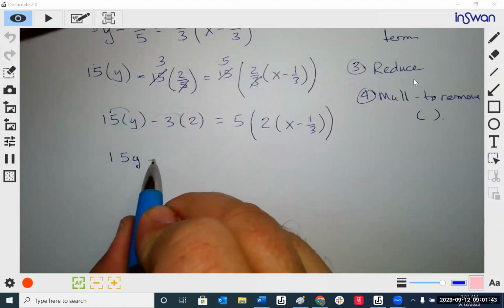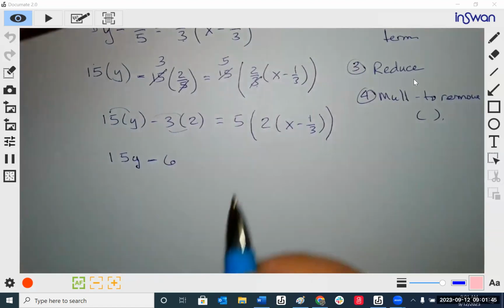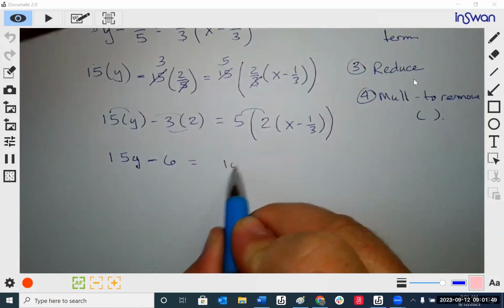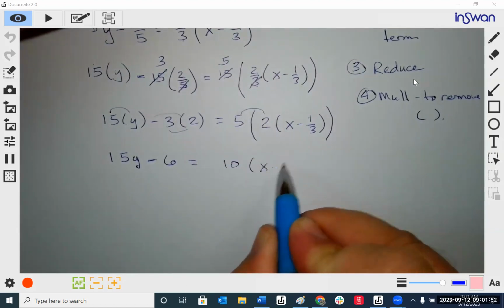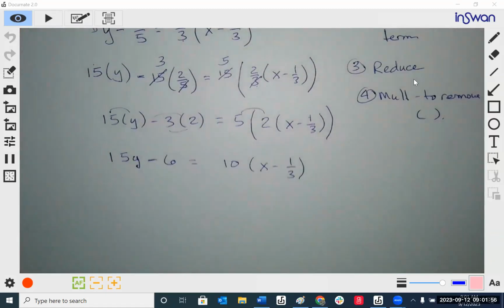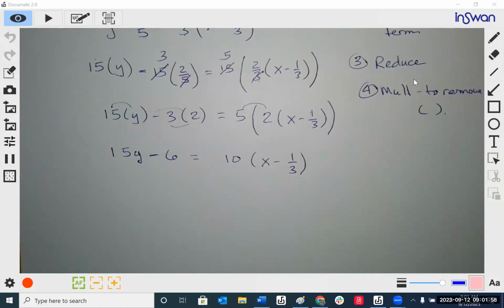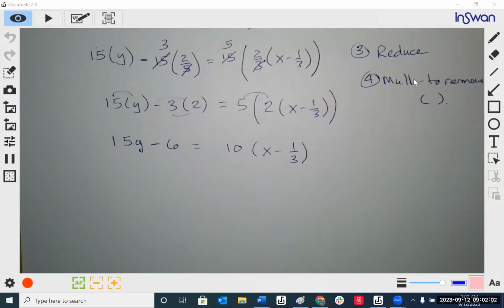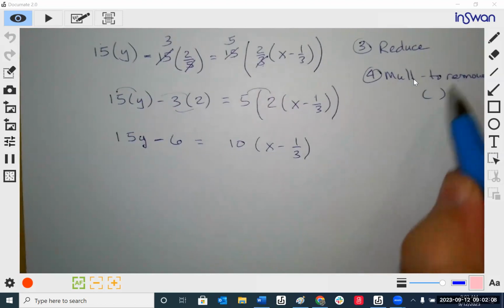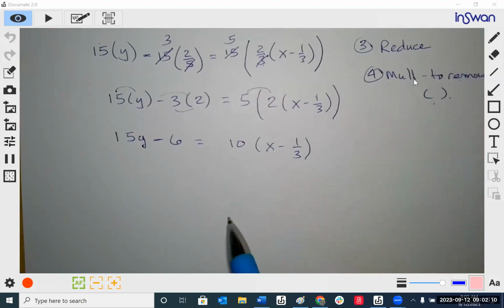Negative times positive is negative. 3 times 2 is 6. 5 times 2 is 10. We have to multiply again to get rid of the parentheses.